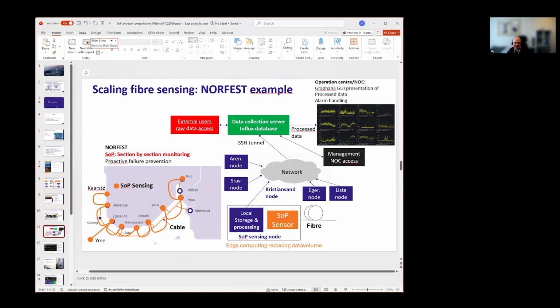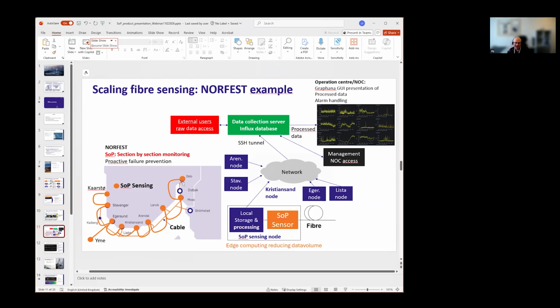And this is the benefit of having a separate instrument compared to having a polarization extraction from a transponder. Because typically you set up optical paths that may go all the way to Stavanger from Oslo. And what you see then is an integrated signal, and that actually doesn't give you a lot.